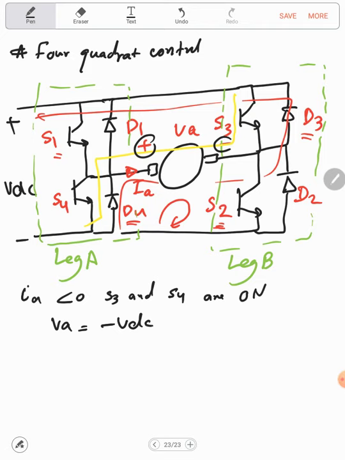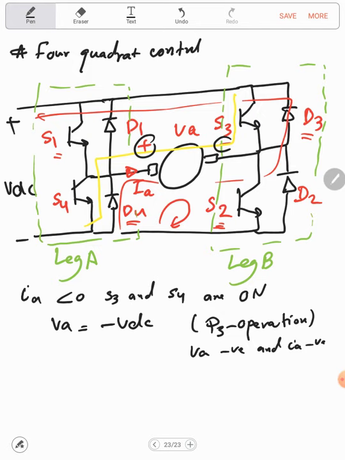And the negative is connected to the positive, so this is a minus VDC. And the current increases in the negative direction, so simply this is the Q3 operation, because VA is negative and IA is negative.